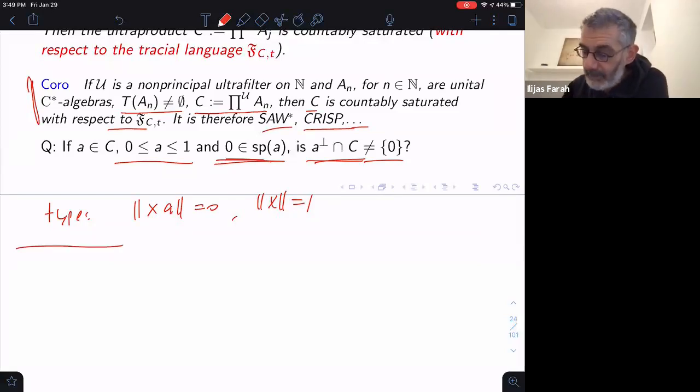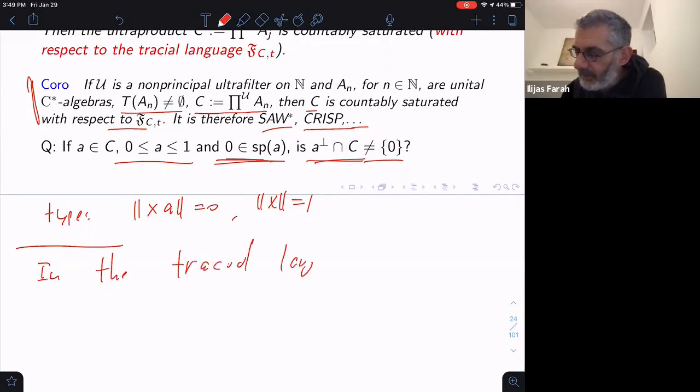Now, here in the tracial language, well, we can try to do the same.